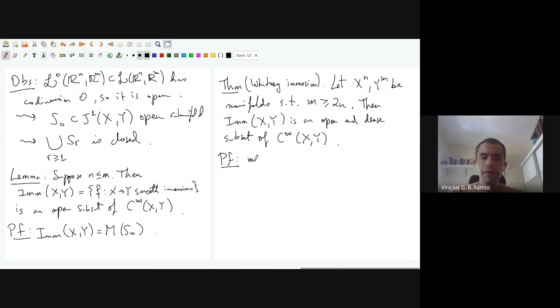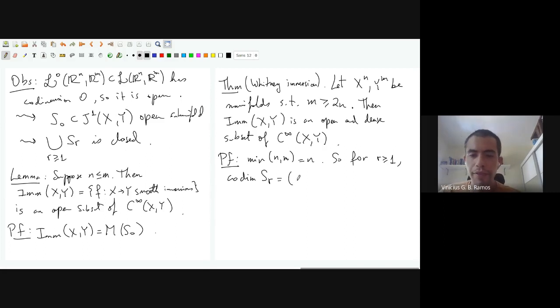First of all, the minimum between n and m is obviously n. So for r greater than or equal to 1, the codimension of S_r, what is that? I had the formula.